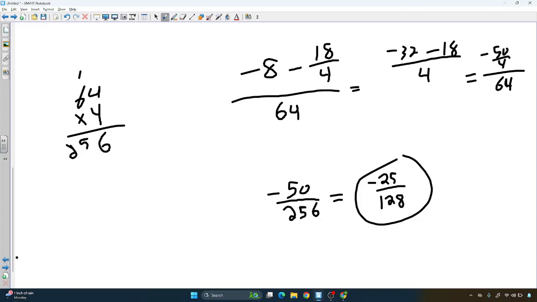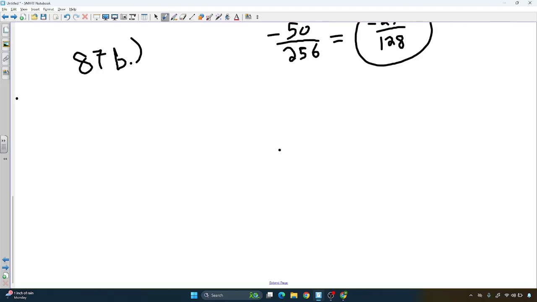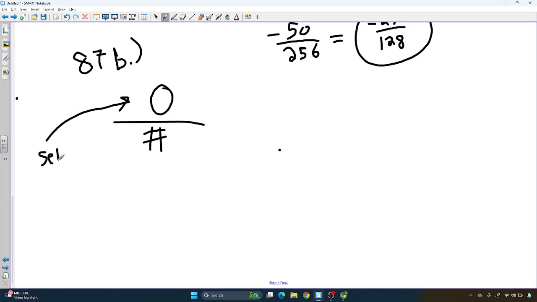We had that. Very good. I do want to just make a quick comment on 87B. It says, where do we have a vertical tangent line? Well, a horizontal tangent line was 0 over something. You set the top to 0. Set top equals 0. Find x.